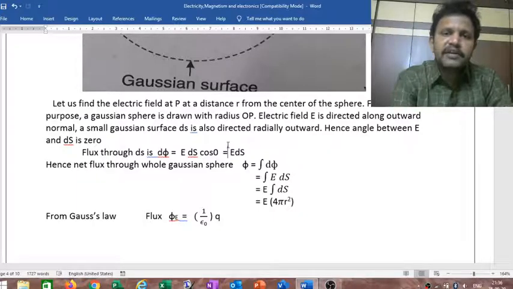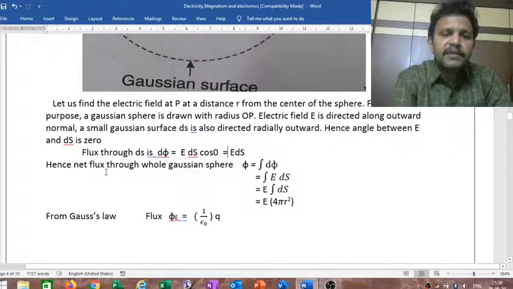So simply we integrate the d phi. Net flux through whole Gaussian sphere phi is equal to integral d phi. We already determined d phi as E ds. So we substitute E ds instead of d phi. So this equation becomes phi is equal to integral E ds, that is E into integral ds.